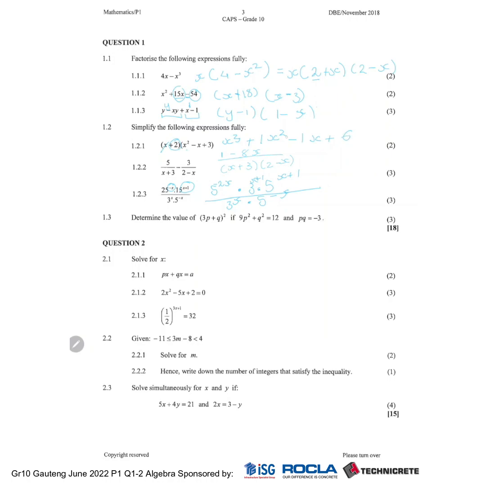So remember our rules of exponentials. If they have the same base, then you can add the exponentials if they're times together, and you can minus the exponentials if they're divided together.